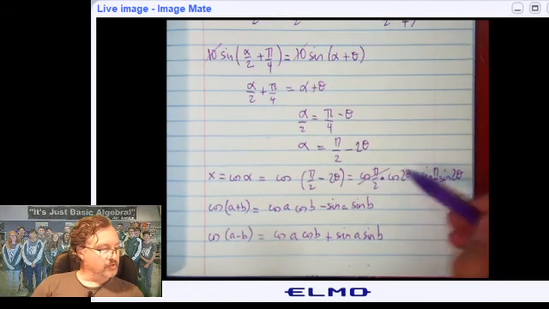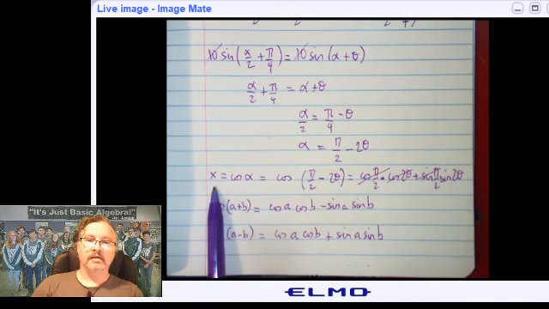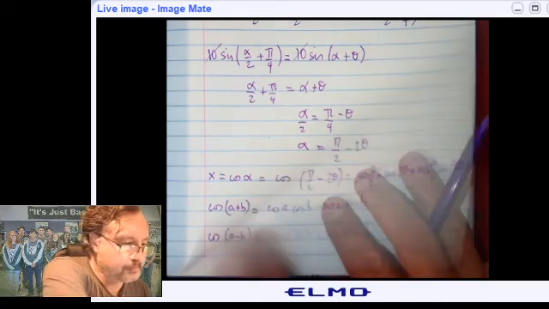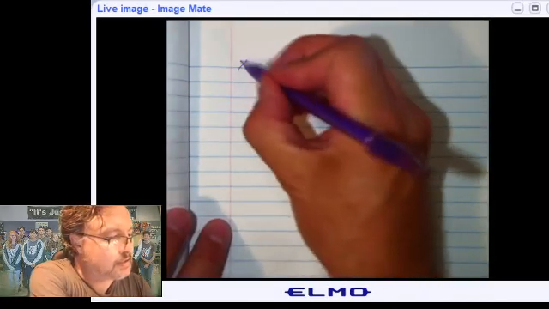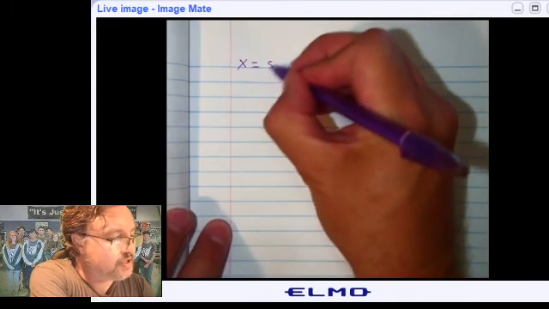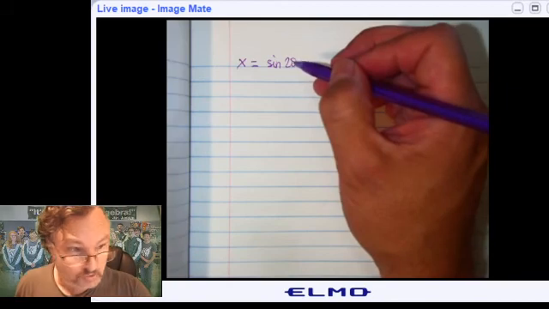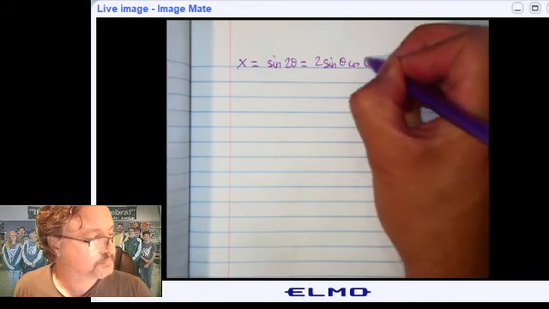That means that this is gone, and we are left with x equal sine 2 theta. So I'm going to rewrite it. X is equal to sine of 2 theta. We already reviewed the double angle formula. That's equal to 2 sine theta cosine theta.